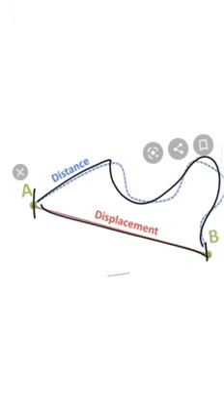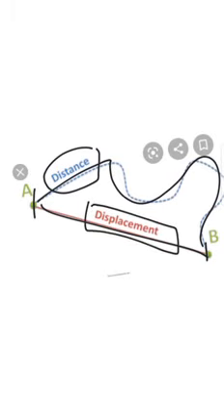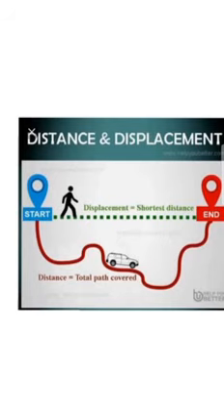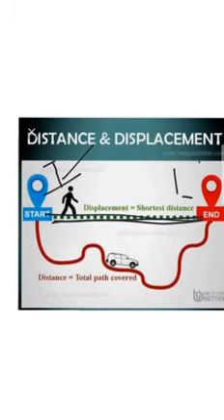Now we will understand why this is called distance and why this is called displacement in a clear way. We can see a man walking from the start point to the end point. The starting point is called the initial point and the end point is known as the final point.